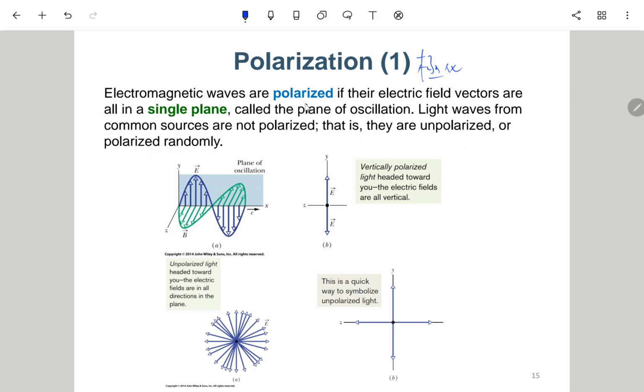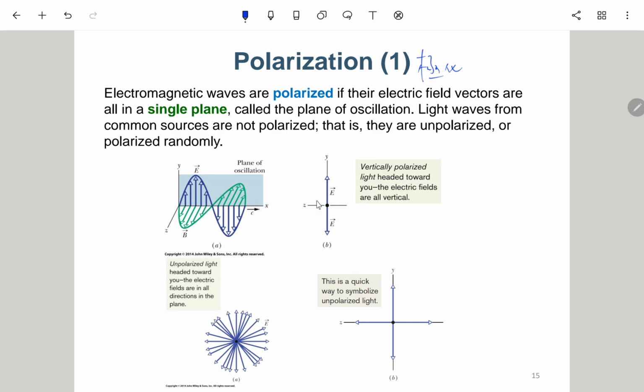Polarized means 极化, and the opposite is unpolarized, or randomly polarized, which means 随机的极化, no polarization, every direction is present. Here this figure shows what a polarized EM wave is, which means that we only have, let's say, a vertically polarized E field, and of course at the same time we have the B field oscillating along the z-axis.